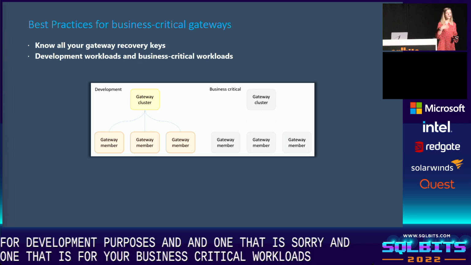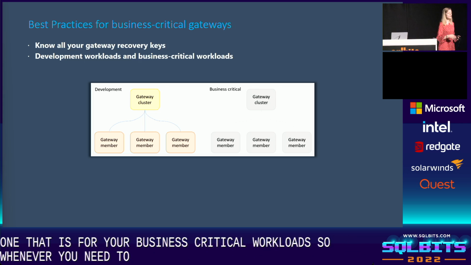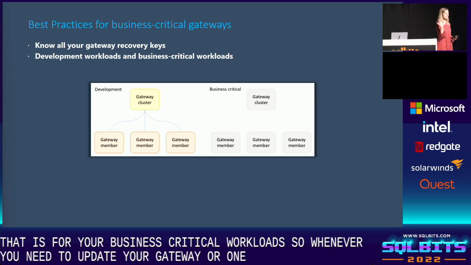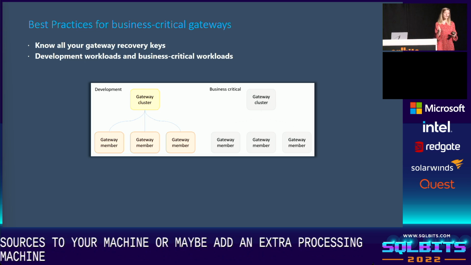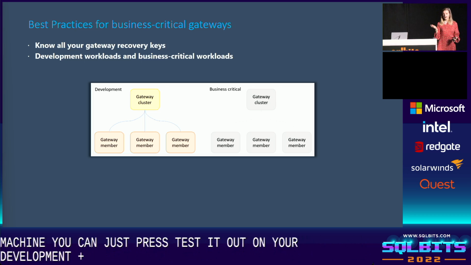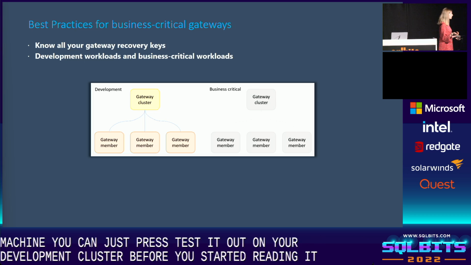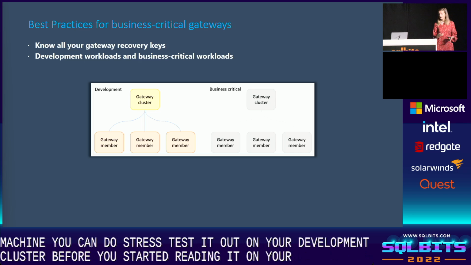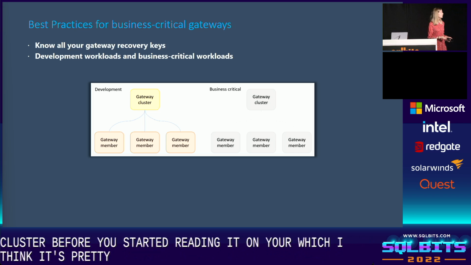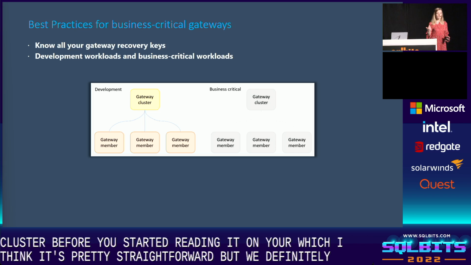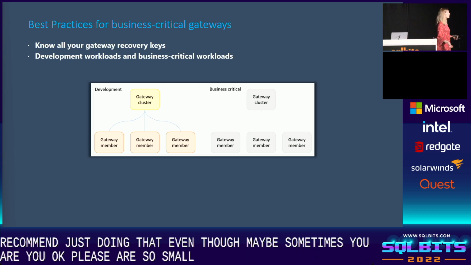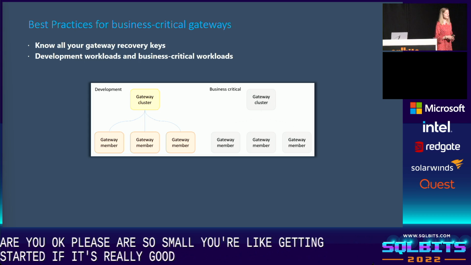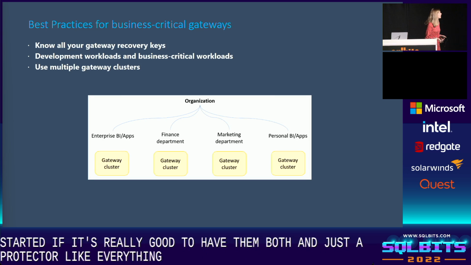So whenever you need to update your gateway or want to add new data sources to your machine, or maybe add an extra report to the machine, you can just first test it out on your development cluster before you start doing it on your production cluster, which I think is pretty straightforward, but we definitely recommend just doing that. Even though maybe sometimes your gateways are still small, you're getting started, it's really good to have them both, just to protect everything that's already in production.